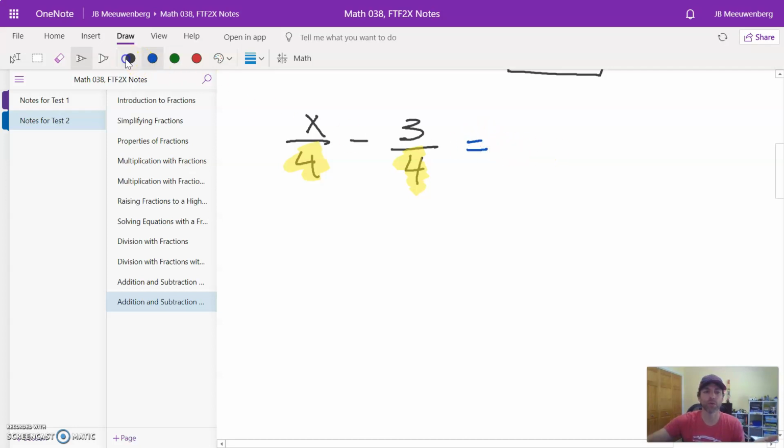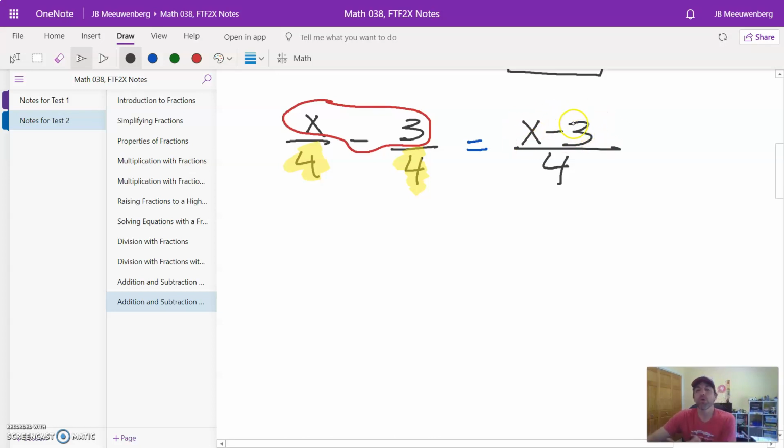So when we do that, we know the denominator has to be the same, so it's going to be fourths. But what's the numerator going to be? Well, how do we subtract a variable minus a number? You can't, unless you know what the variable is. So they're not like terms, so we just have to write it.